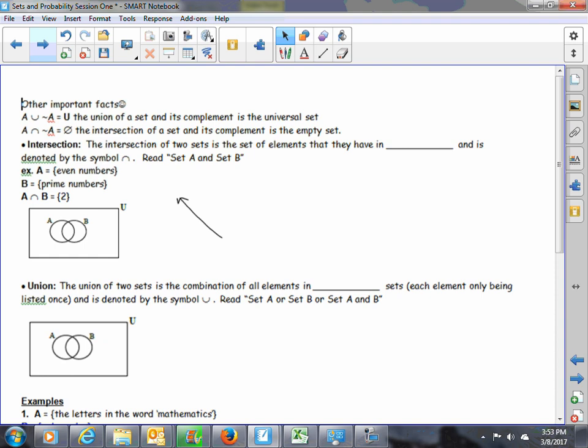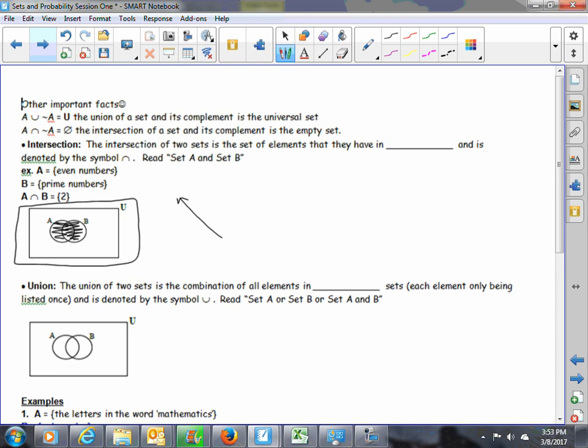Now, if we were to look at this Venn diagram right here, and we were to color in the union of A and B, that would be everything that's in A and everything that's in B. So if an element was in either set, it would be in the union. Let's take a look at a simple example.